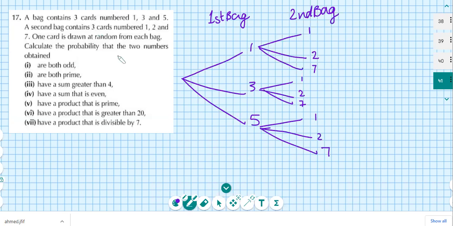So we have to find the probability that the two numbers obtained are both odd. So which one is odd? This one, the first branch, is both odd. And this one, 1 and 7, then 3, 1, then 3, 7, then 5, 1, then 5, 7.